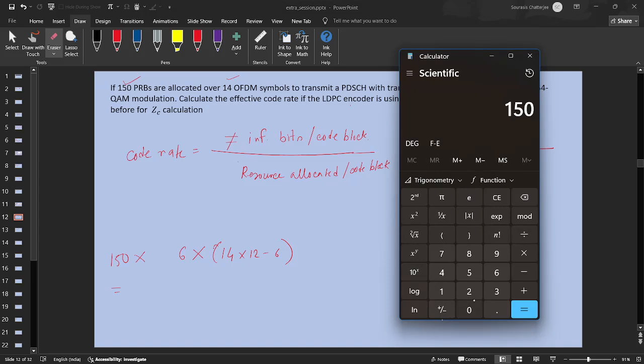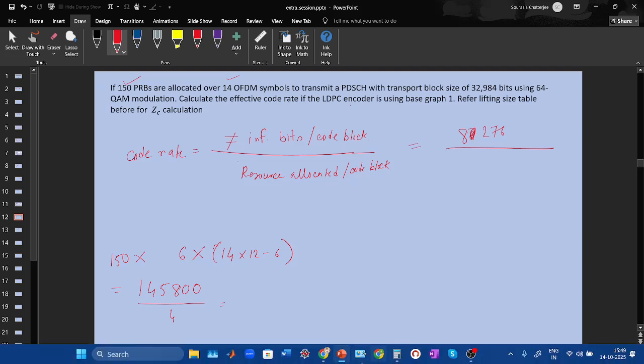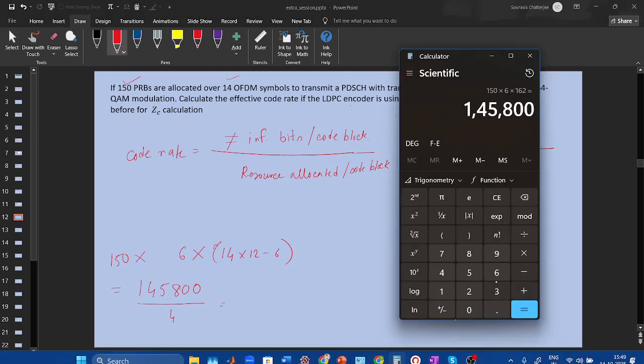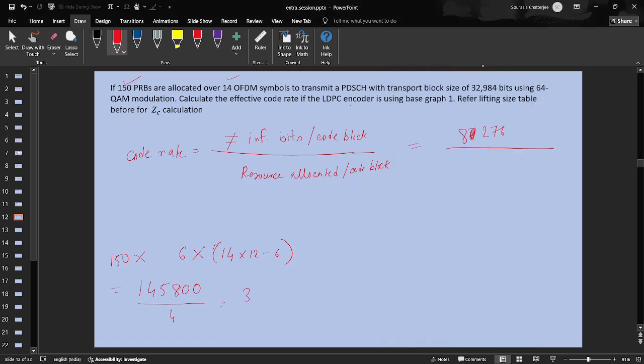So it's 150 times 6 times 162, that is 145800. Now if I talk about each code block, that is 36450.